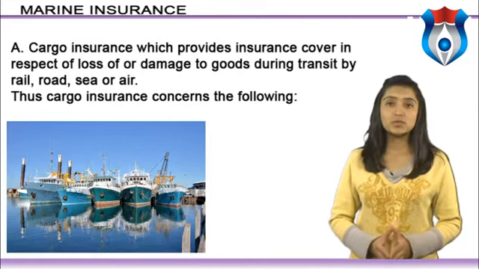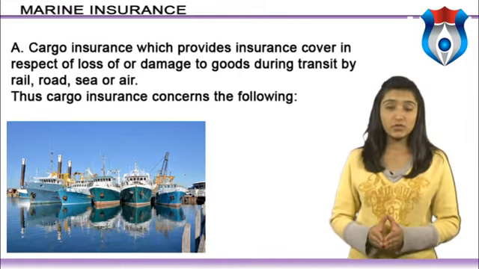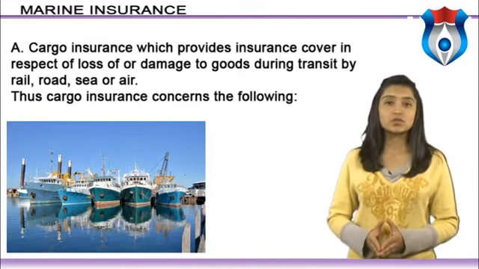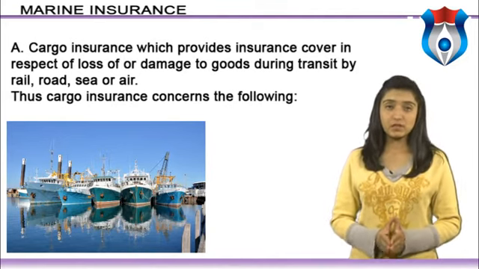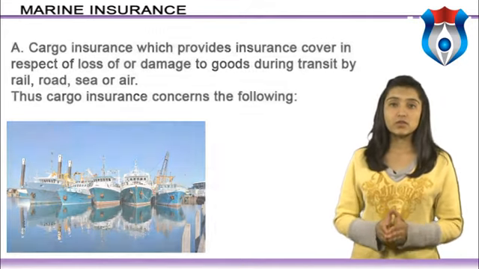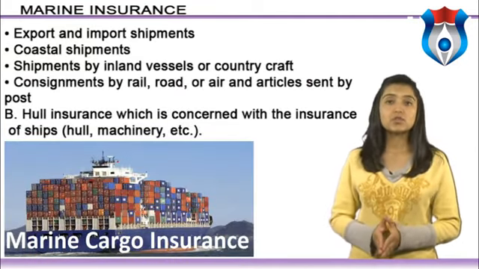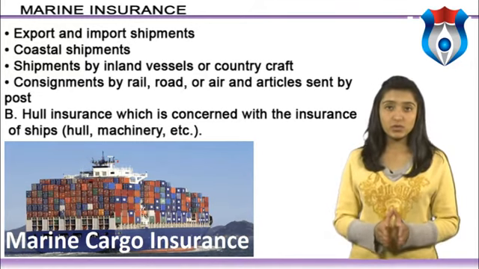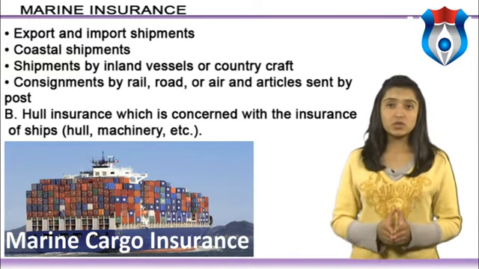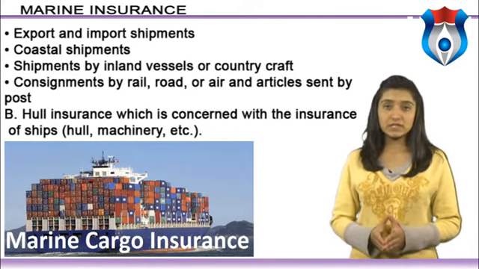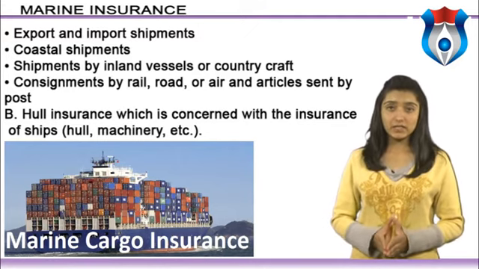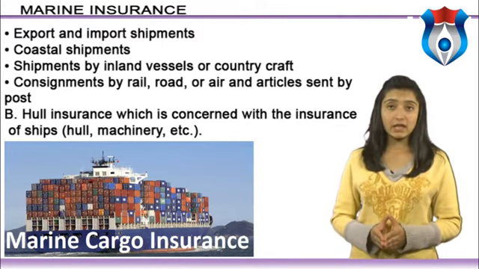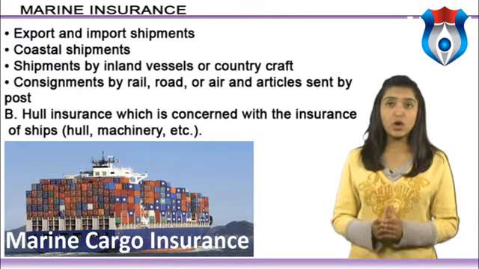A. Cargo insurance, which provides insurance cover in respect of loss of or damage to goods during transit by rail, road, sea or air. Thus, cargo insurance concerns the following: export and import shipments by ocean-going vessels of all types, coastal shipments by steamers, sailing vessels, merchandised boats, etc., shipments by inland vessels or country craft, and consignments by rail, road or air, and articles sent by post.